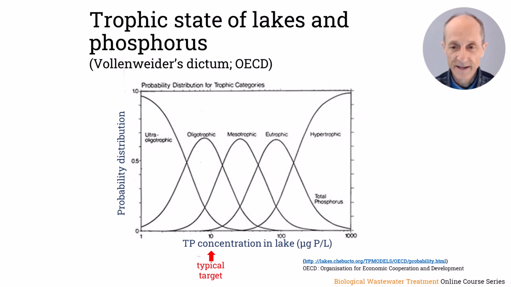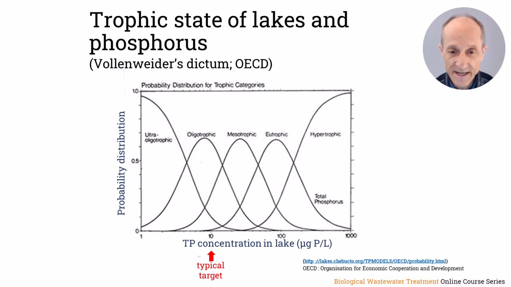A mesotrophic lake would be in between. The y-axis on this graph describes the probability of the trophic state of the lake according to its total phosphorus concentration. For example, a lake containing 100 microgram of total phosphorus per liter would have about 66% chance of being mesotrophic and 17% chance of being oligotrophic and 17% chance of being eutrophic.